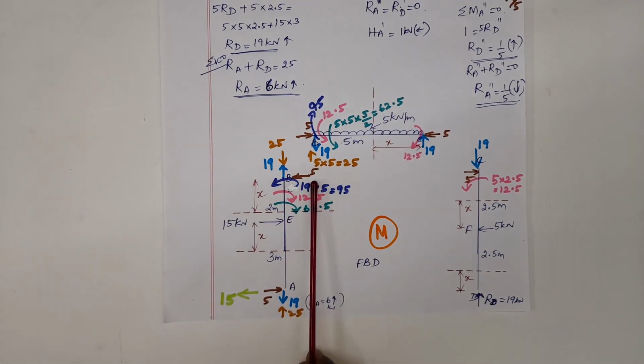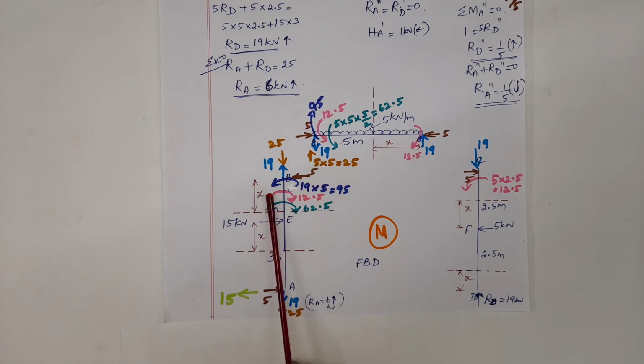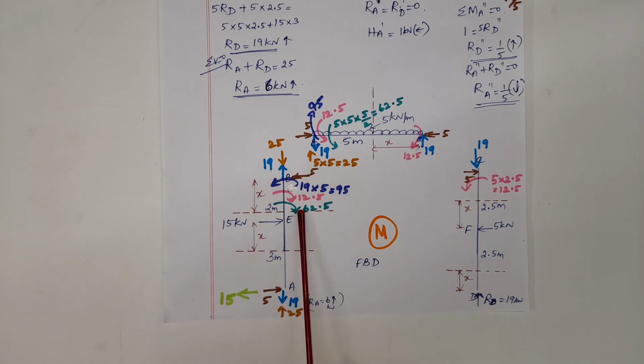So it is a positive bending moment. So 5 into x will be a positive bending moment. Check 95, again it pushes the column inward when it goes towards the section. 95 is a positive bending moment. Check 12.5 and 62.5, both push the column out. So these two are negative bending moments. This is followed in writing the tabulation.